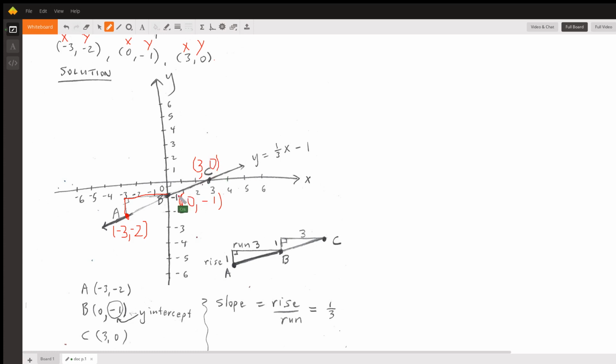And so what you notice is we have these two similar triangles.